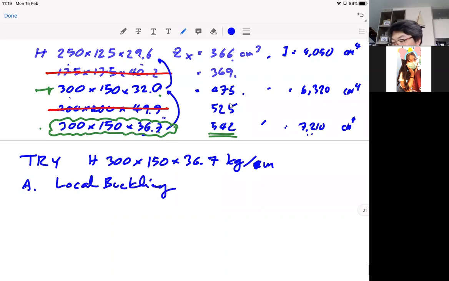Okay, and we have the flange. It's bf over 2tf. Again, you can take this number from the table. That is 8.33.